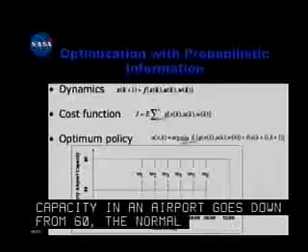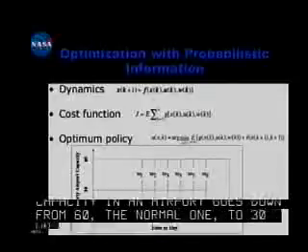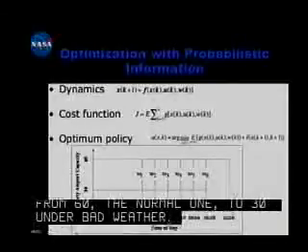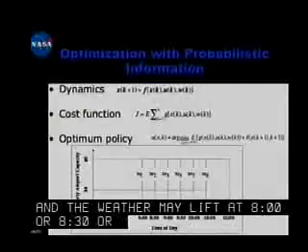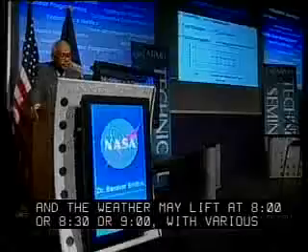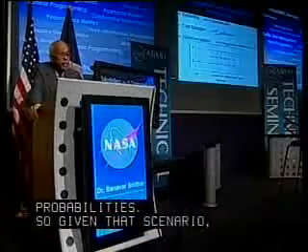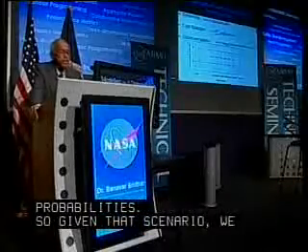And the weather may lift at 8 o'clock or 8:30 or 9 o'clock with various probabilities. So given that scenario, we can design an optimum policy taking weather into account.